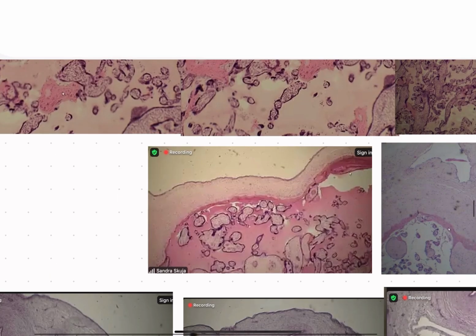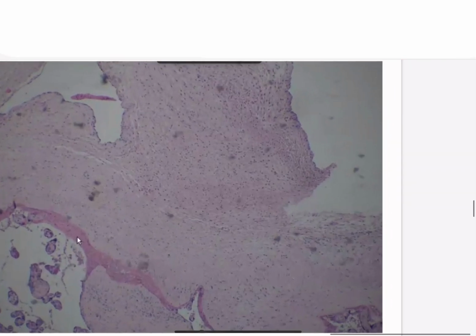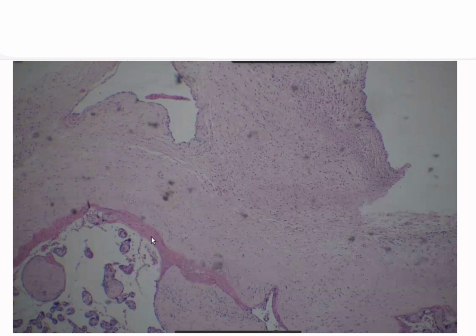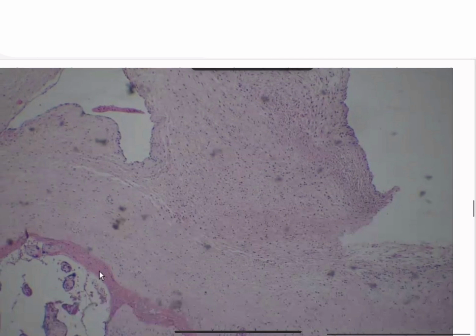This is a much more difficult slide that was brought up in the demo lab. I doubt that this will be used in the colloquium because it's such an unforgiving slide. If I saw this at first glance, I would have said maternal part of the placenta, but it's in fact the fetal part. Why? Well, first of all, even though it looks like the surface is blotchy, it actually isn't.